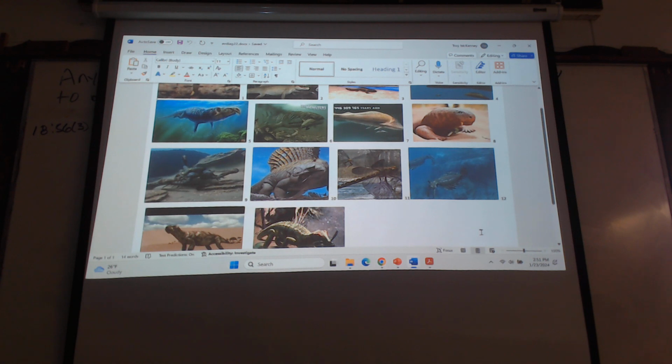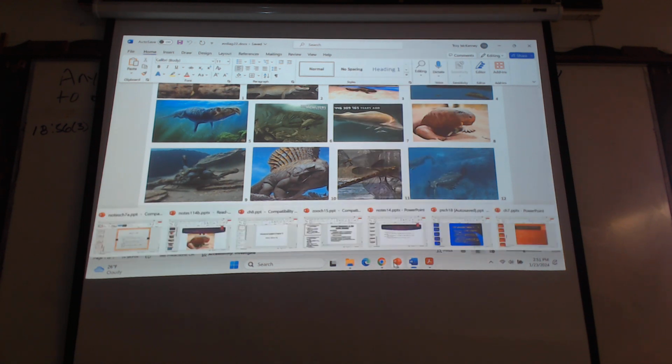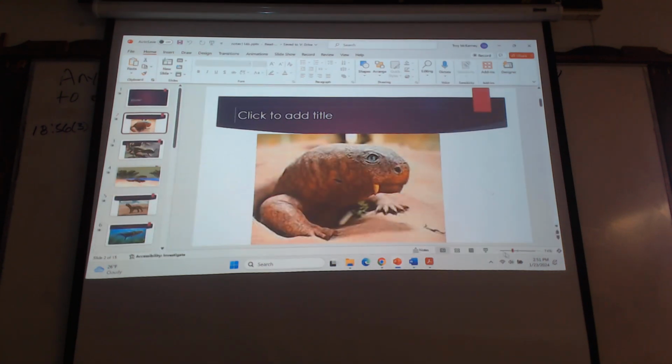Maybe one of them is, how many tetrapods do you see? I'm just making that up. 1, 2, 3, 4. So if you're looking at this and saying, well, gosh, I don't know, all those pictures are just too small, well, what you could do then is switch over to that and then go scrolling through these pictures.